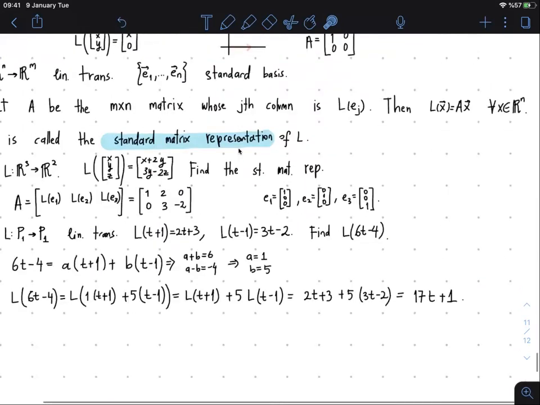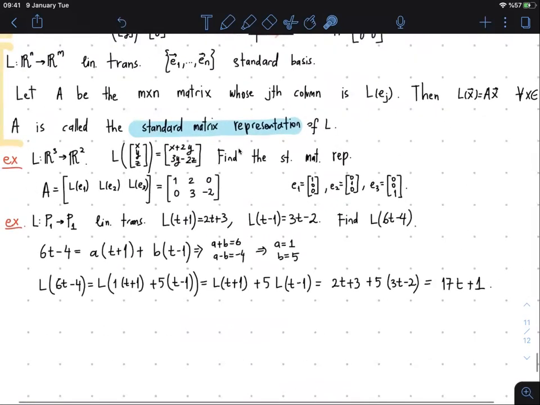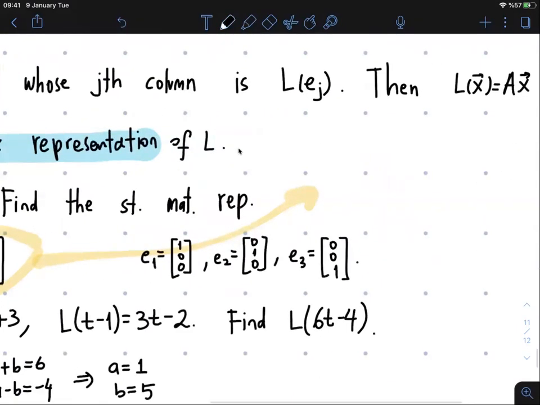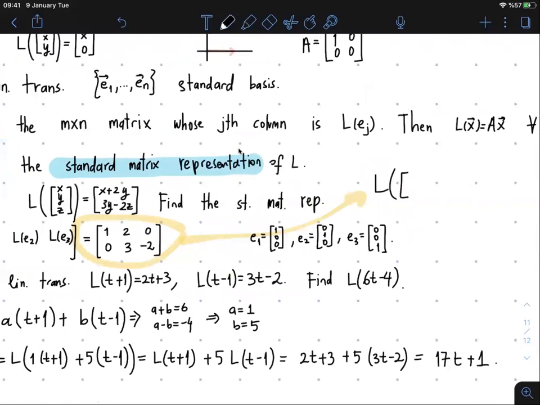Okay, so let me just say one thing about how you can use it. For example, once you find a standard matrix representation like this, you can easily compute L of something, right? Just take the product with this matrix. Yeah, that's all I can say for now.